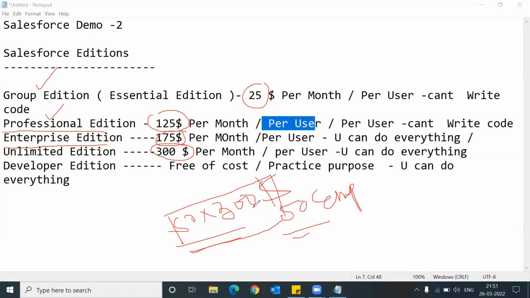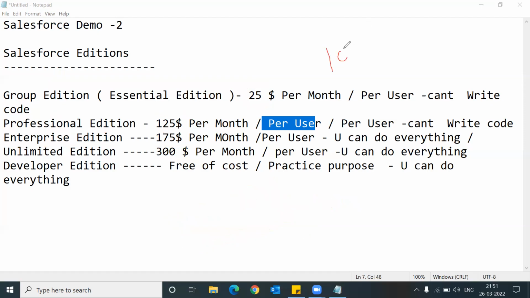So the question is this: if we have different types of editions available, then why would I use unlimited or enterprise? Because of code, first thing. Second thing, suppose you have a small company, a 10-person company, and you heard that Salesforce is very popular and very important for the business.